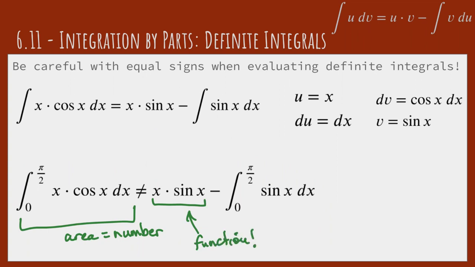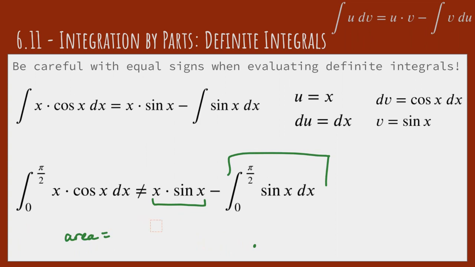So it wouldn't be okay to say something that's supposed to be a number is equal to a function. Now, this part right here is a number because it itself is a definite integral, but we need to be careful about this. I should not put an equal sign between expressions like this when they are not actually equal.